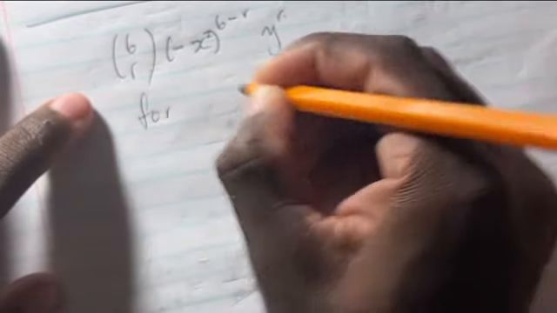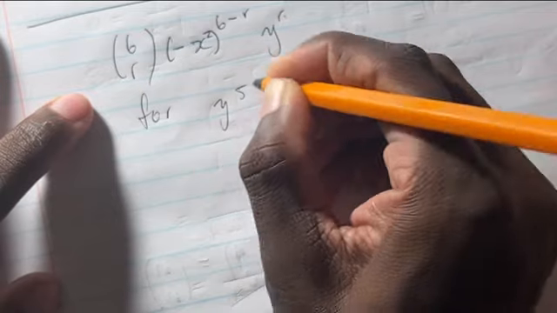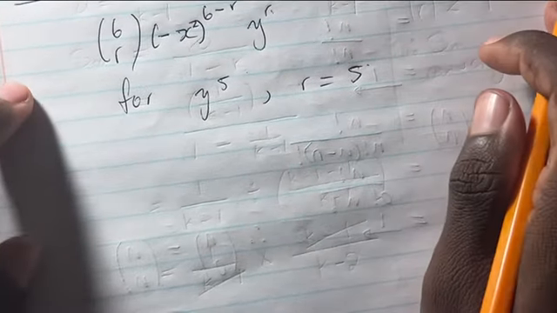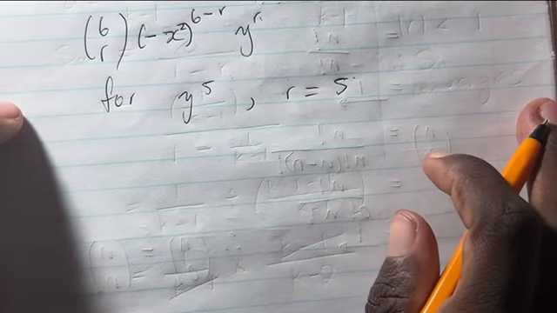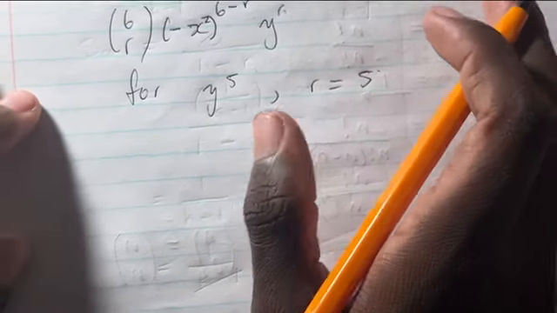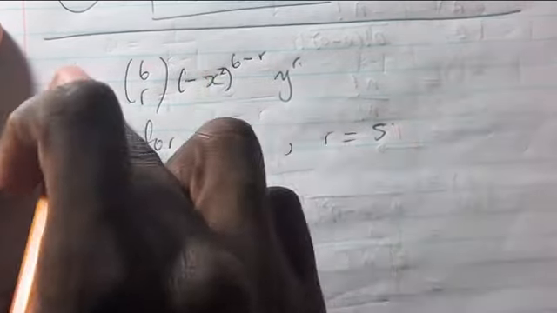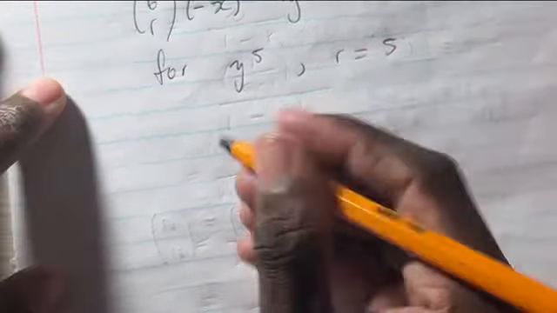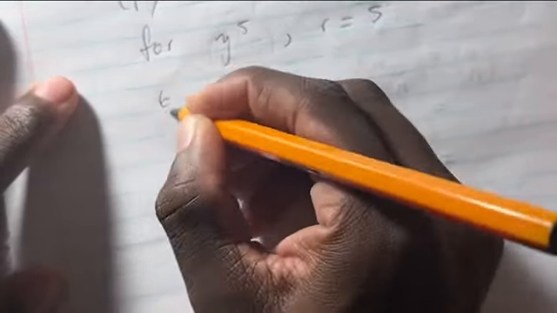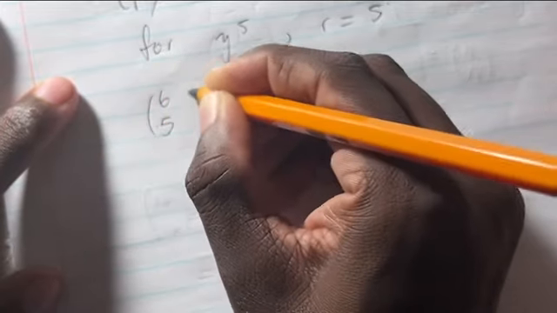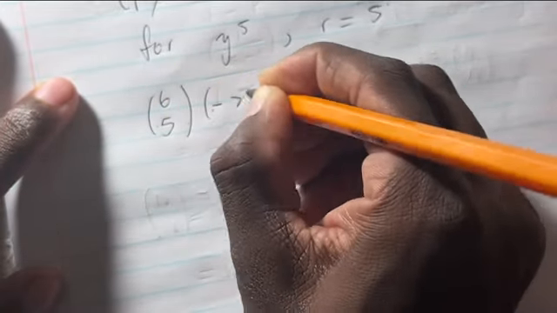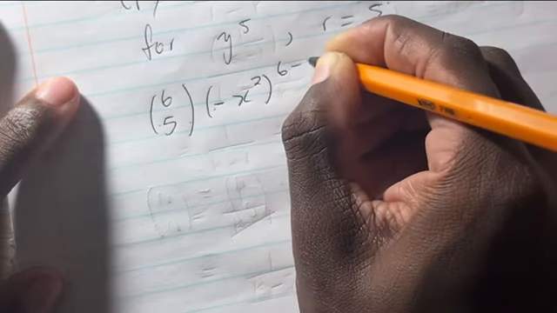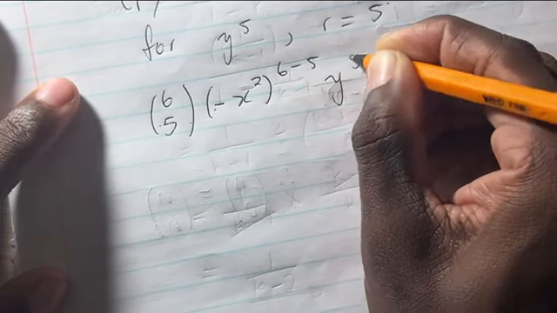So for y to the 5th, r equals 5. Okay? That means our r is equal to 5. So we just need to substitute r equals 5 here so that we get our coefficient. We have 6 choose 5, of negative x squared to the power 6 minus 5, y to the 5th.